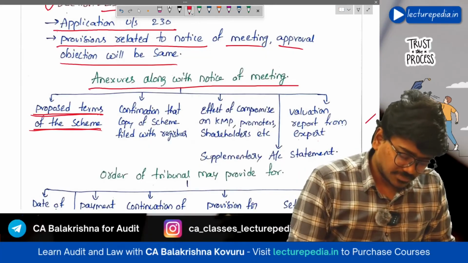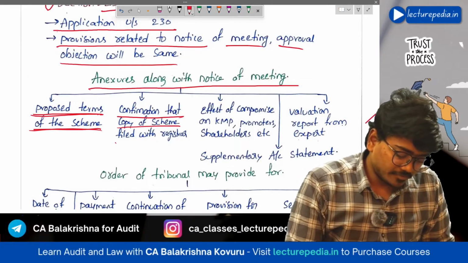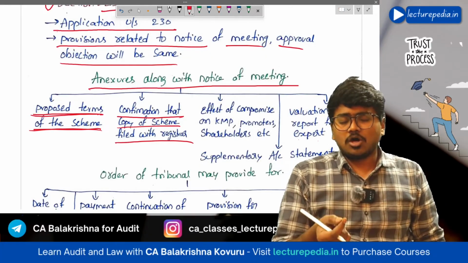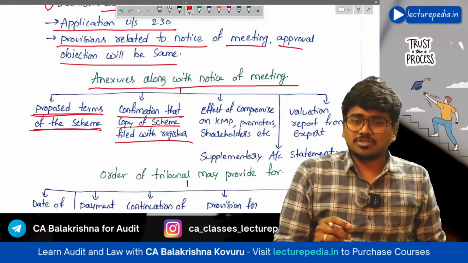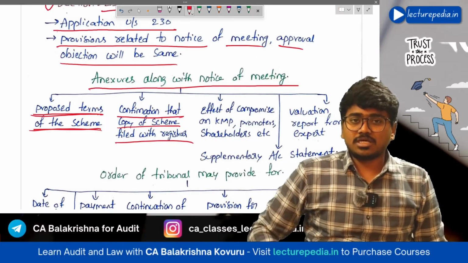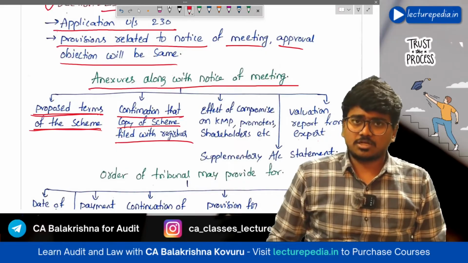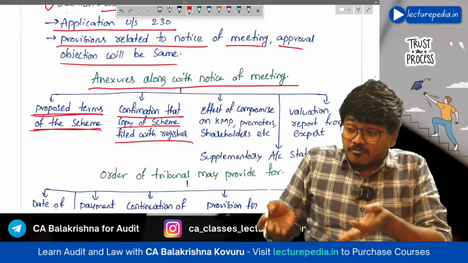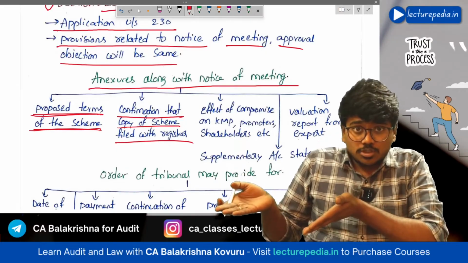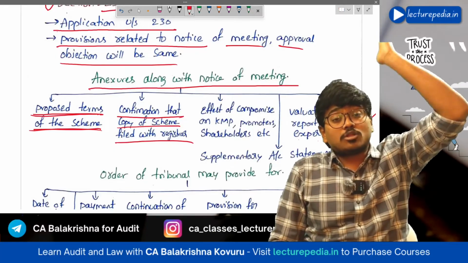Next, confirmation that a copy of the scheme is filed with the registrar. Along with the notice of meeting, you should also give a confirmation to the shareholders or creditors stating that we have filed the copy which we have sent to you with the registrar of companies, the ROC also.